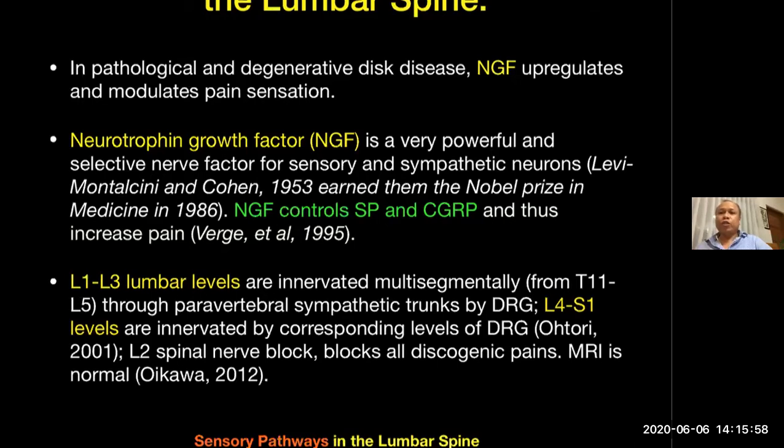And L4 to S1 could be innervated by 2-3 levels above and 2-3 levels below. That is why it is very important to recognize this uniqueness of the innervation, because a lot of times if we just focus on that area that we think is a source of pain, we might miss the other areas that are also innervated by this particular nerve.